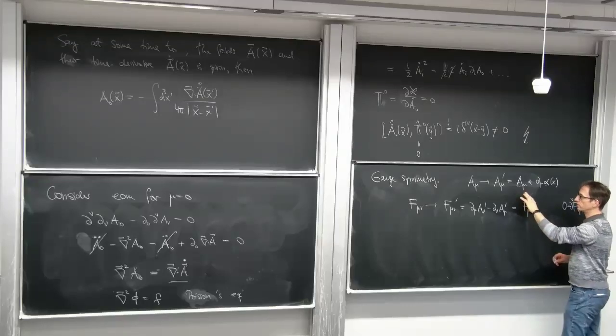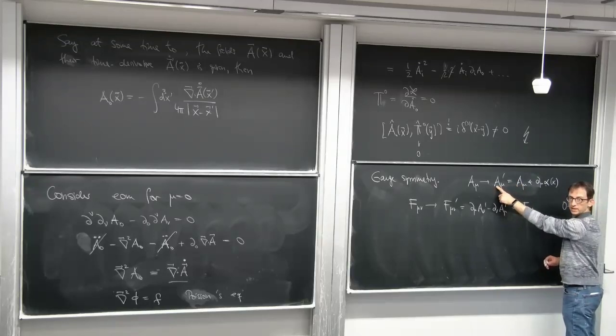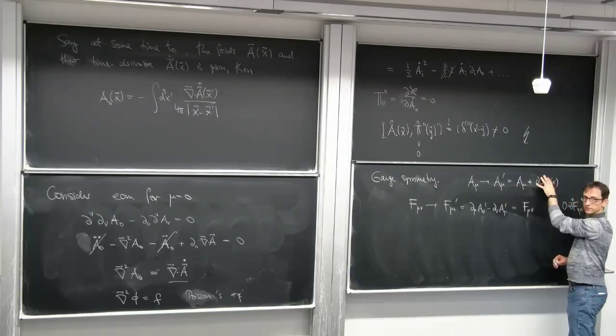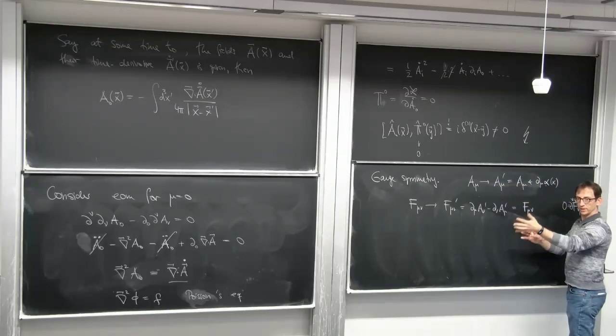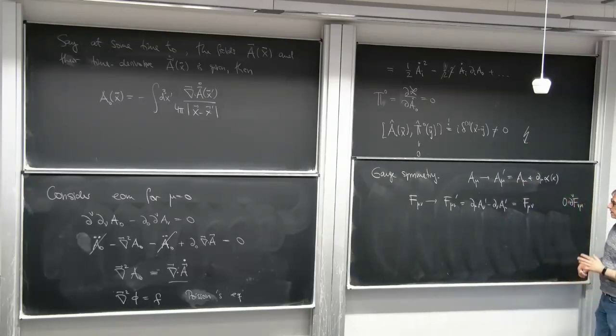You can choose to describe your physical situation in terms of this A or this A. They look very different because you add this function, but they describe the same thing. So you may impose something else, the gauge condition. You say, I want to work with this or the other thing.